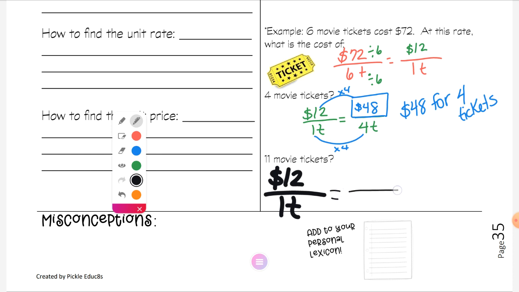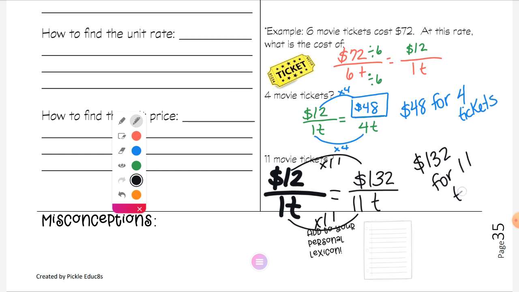And how many tickets am I trying to get to? 11 tickets. How do I get from 1 to 11? 132. So it's $132 for 11 tickets.